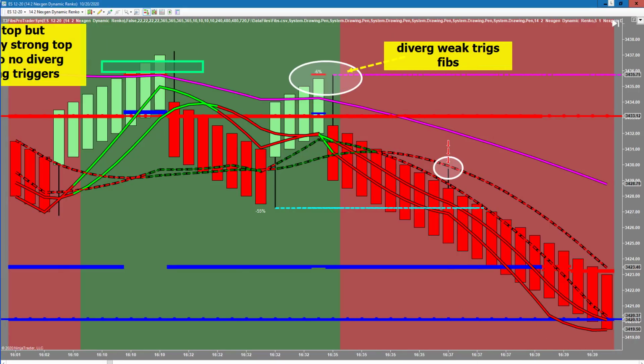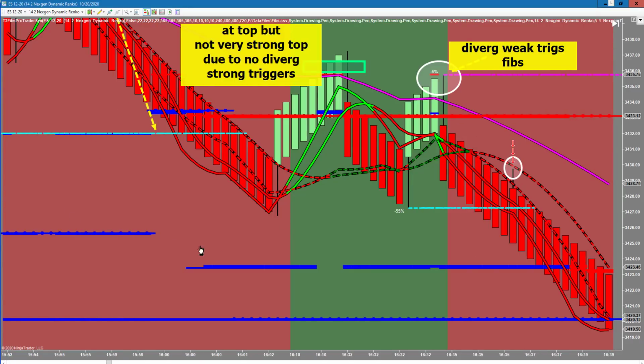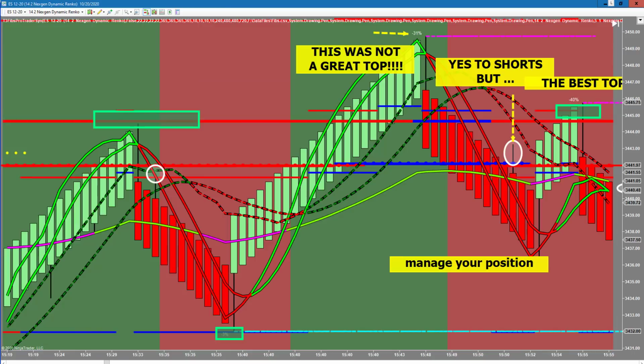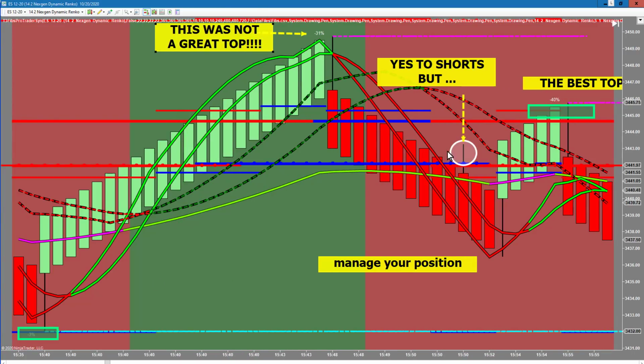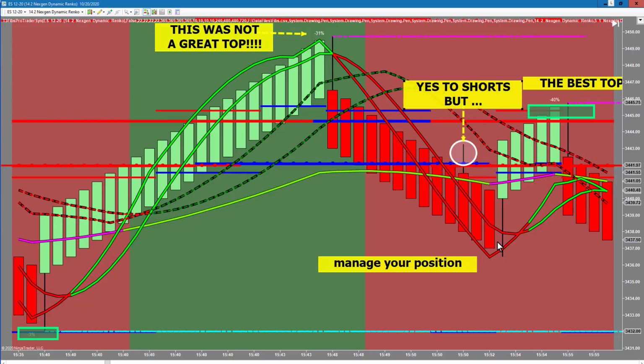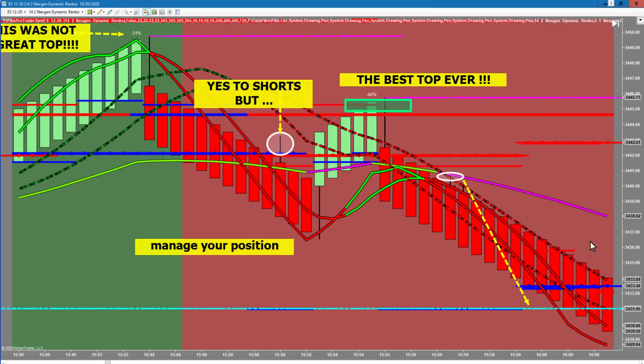And again, I'm not saying you can't get lower probability shorts, right? But you have to be really in tune with, yes, it's okay, but we didn't have a great top, so it might be suspect. And then we had the best top ever, and then you get a big one.